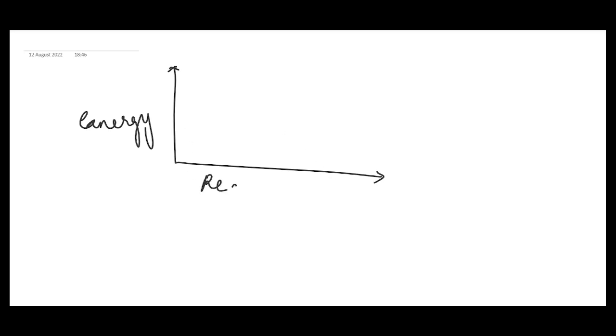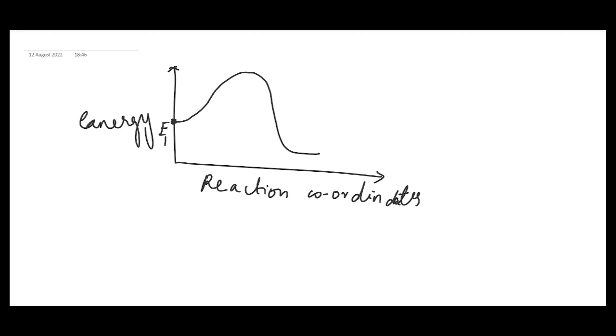Now let us apply the concept which we have just learned in terms of a graph. So we can draw a graph between the energy of the reaction and the reaction coordinates. Now the graph will look somewhat like this. So the starting point is the term which we use to represent as ER. ER is nothing but the energy of the reactants.